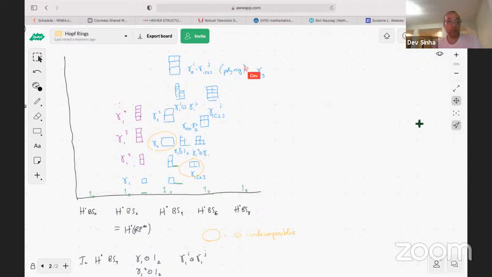So it's a polynomial subring, and it's also a quotient, by the way. So that's, I think, the quote unquote new backbone, and we have these other classes which are transfer decomposable. And now let's do some multiplications.